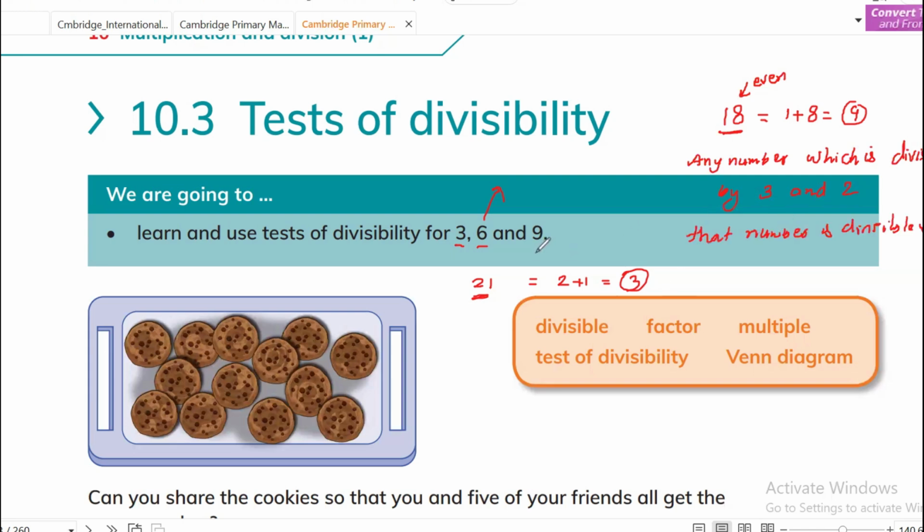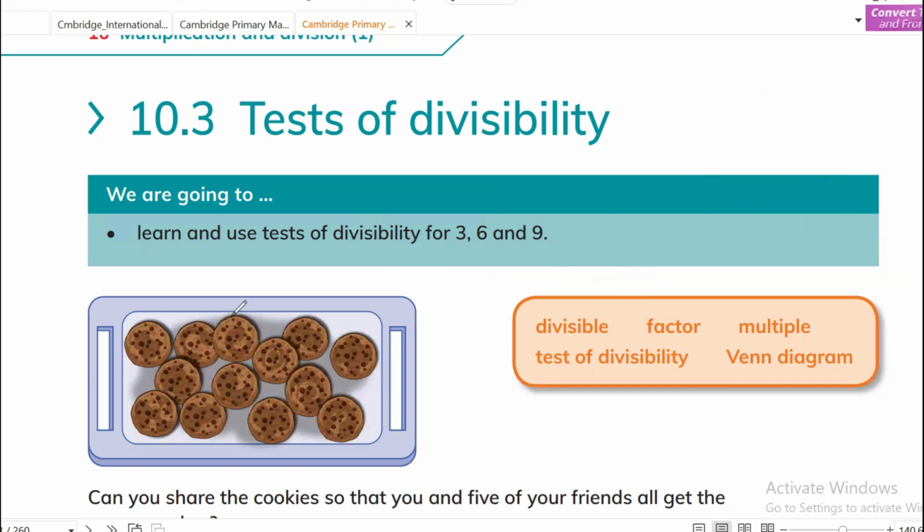And for 9, the case of number 9 is the same as we have discussed about 3. If the sum of the digits of a number is divisible by 9, then of course that number is divisible by 9 as well. Like 1278.